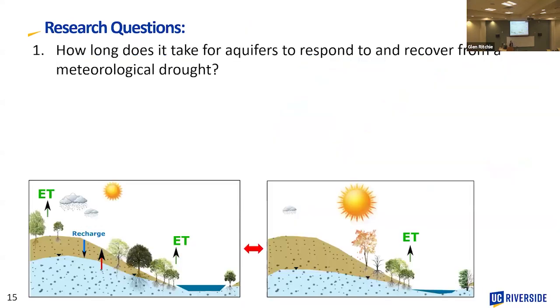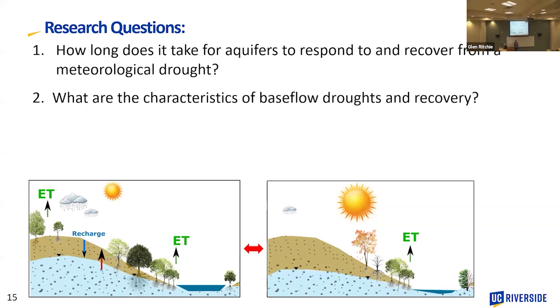So in this presentation, I'm going to focus on three main studies trying to understand these climate-groundwater feedbacks. First, looking at how long it takes for groundwater to respond to drought and recover from it. And as you know, groundwater is also a major water supply for our streams.